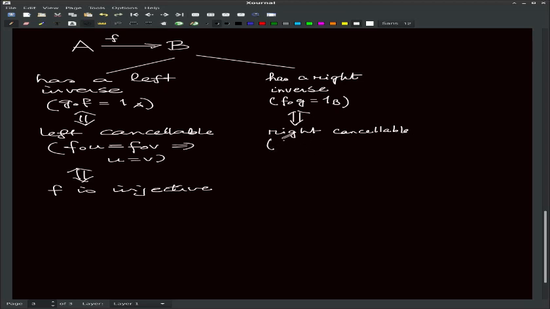That means u composed f equals v composed f implies that u is equal to v, and this means f is surjective.